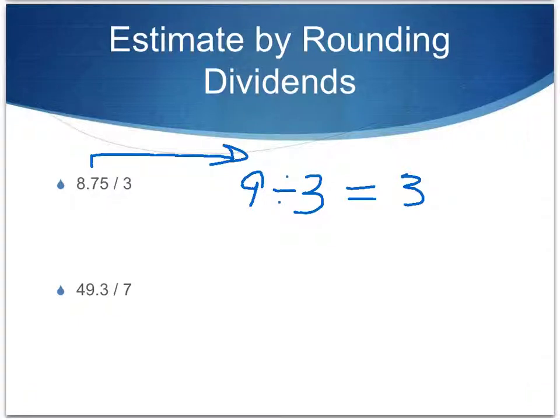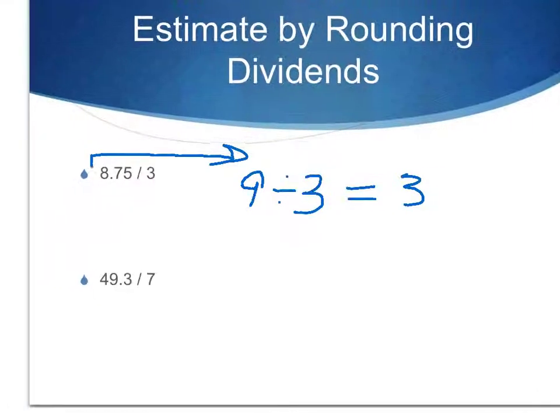In example 2, we have 49.3 divided by 7. Again, notice that I have one single digit number, 7, that I should know all kinds of basic facts of. And so again, the basic fact that comes to mind for me is 7 times 7 is 49. Well, 49 is very close to 49.3.